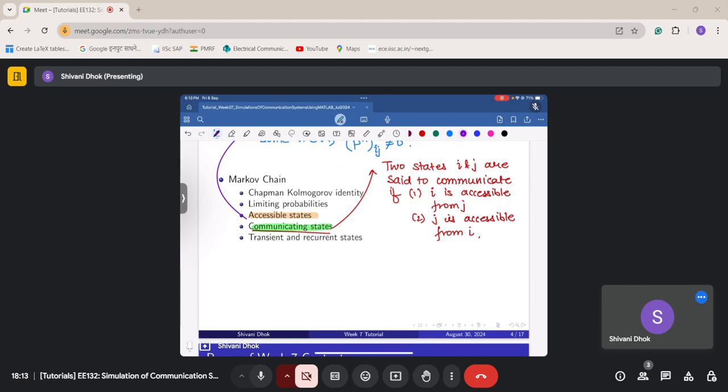For transient and recurrent states, we defined a probability F_i. This is basically the probability that if we start from the ith state, we will get back to the ith state again at some time instant.